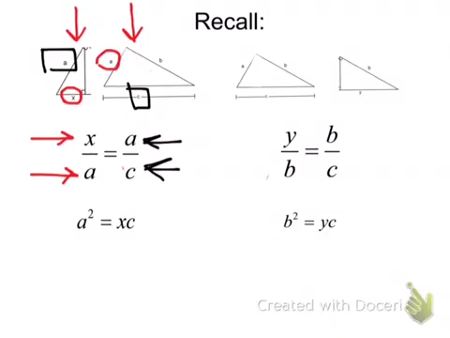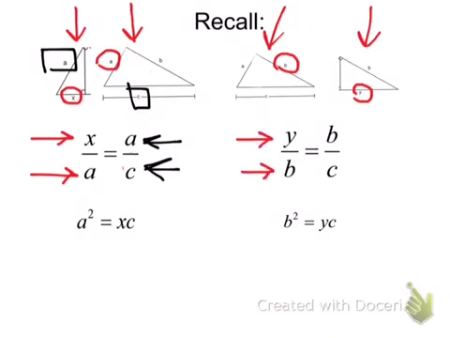The same thing if I compare my medium-sized triangle and my large triangle. Here's my large and my medium. If I compare the longest legs here, in this case the longest legs are B and Y. So I said Y over B. I put the medium size on top and the large one on the bottom.